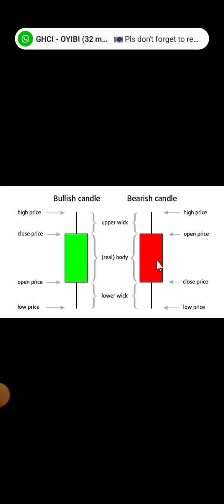And when it comes to the bearish candle, the closing price is always below the opening price. It means the price opened higher, and because there were more sellers in the market, they pushed the price down, and then it closed below the opening price. So you must take note of these: the opening price and the closing price for the bull candle and the bearish candle are different.